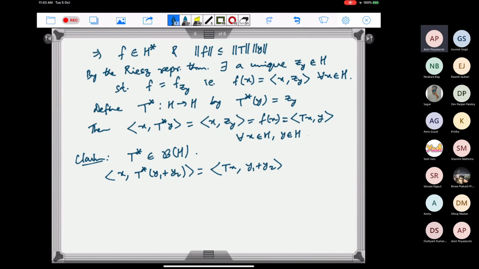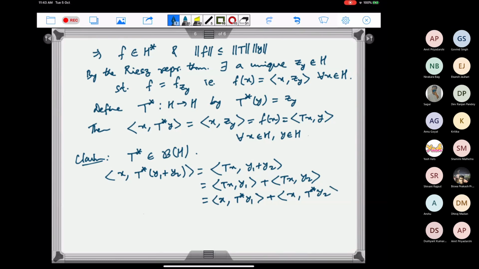This can be written as Tx inner product with y1 plus Tx inner product with y2, and again using the definition of the adjoint, this is equal to x inner product with T star y1 plus x inner product with T star y2, which is equal to x inner product with T star y1 plus T star y2.